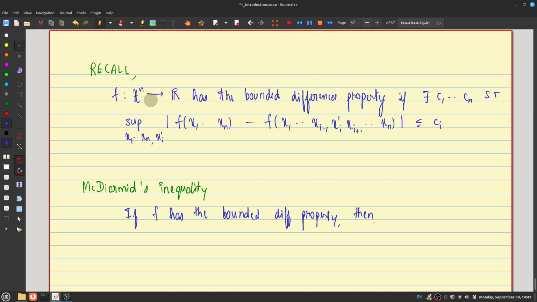A function f on n variables has the bounded differences property if any change of the ith variable can lead to the function value changing by an amount at most ci. So no matter what the configuration of x1 through xn is, if I replace xi with any other xi prime, the value of the function can change by at most plus or minus ci.